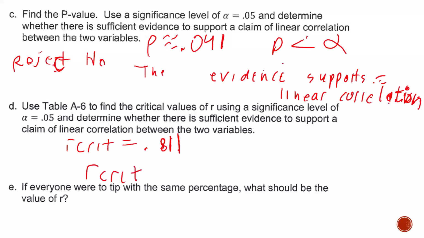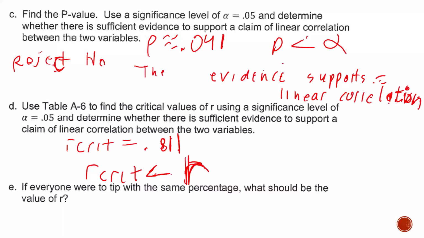My R crit is smaller than R, right? So what this critical value is saying is that with only 6 pieces of data, I need an R coefficient of 0.811 to conclude that I have a 5% or less chance of this linear relationship happening by chance.